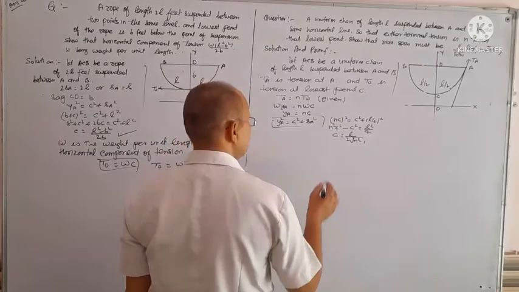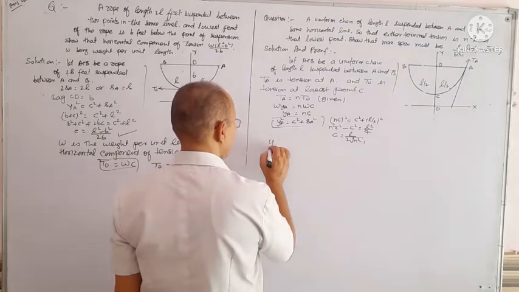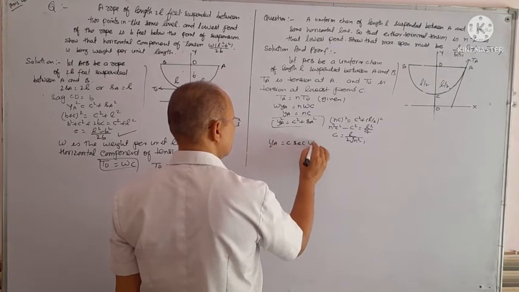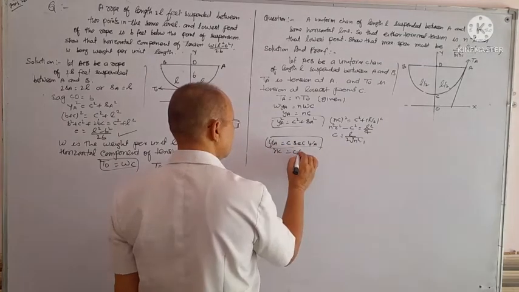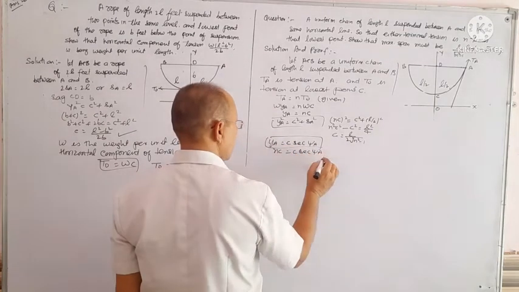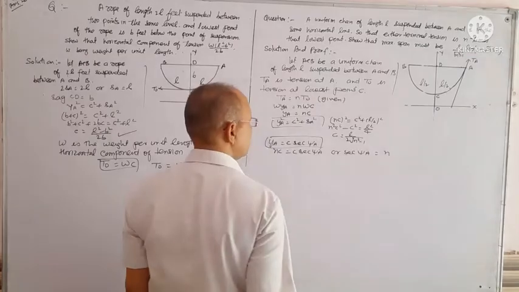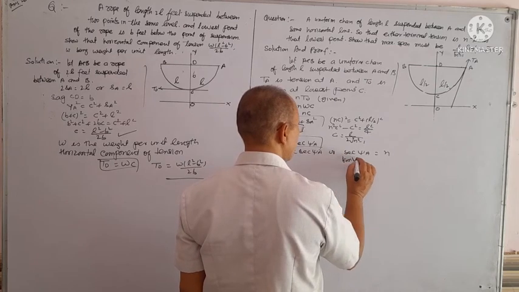Is that clear? And YA equals C sec psi, Y equals NC, or sec psi equals N, tan psi equals root N square minus 1.